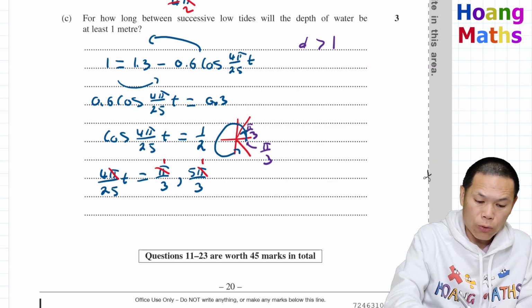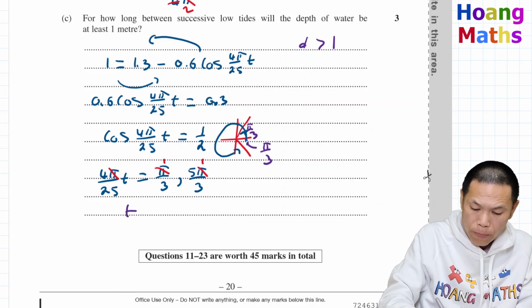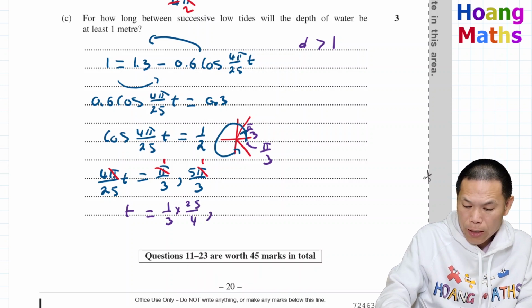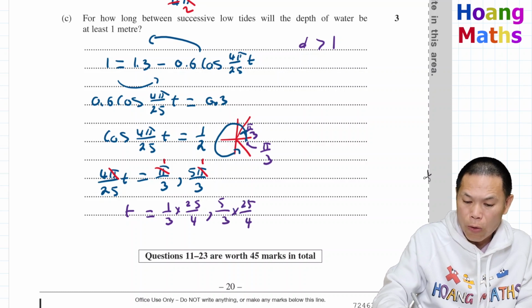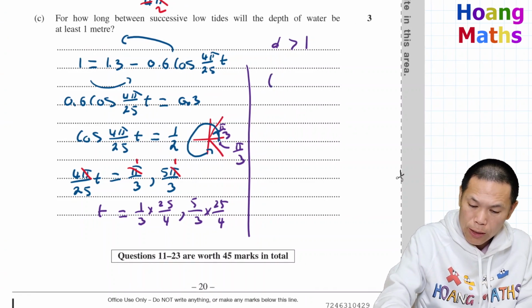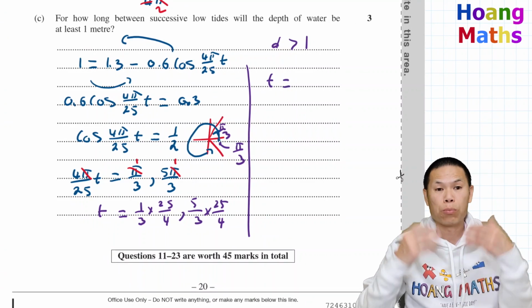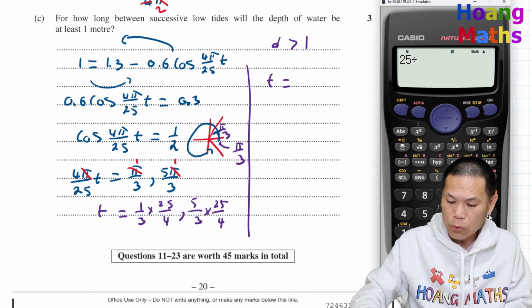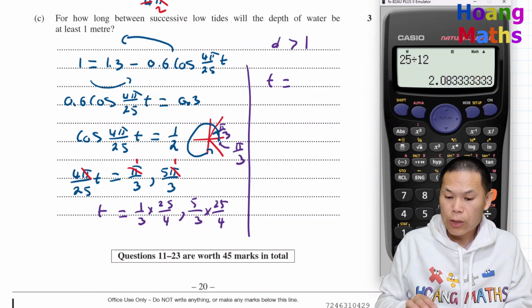Now t is equal to 1/3 times 25 divided by 4, and 5 over 3 times 25 over 4. Let me write this here. Therefore, t is equal to, putting it on a calculator, 25 divided by 12.